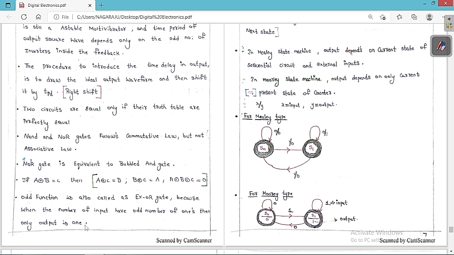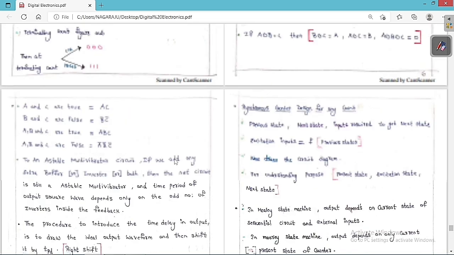Otherwise, in the remaining cases the output is always equal to 0.